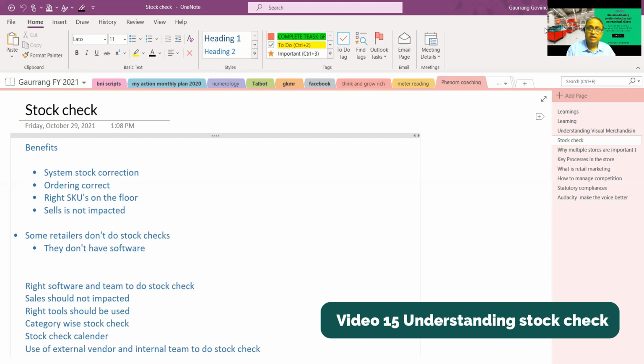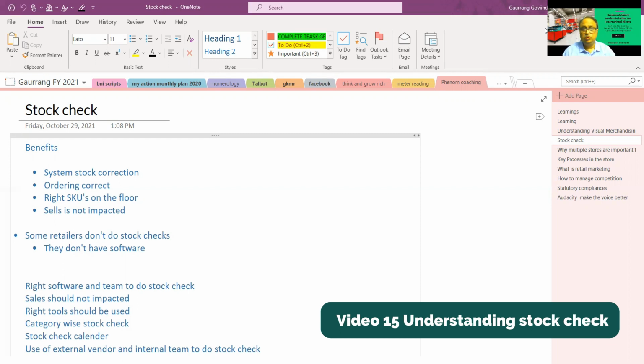Now, when you do the reordering of Maggi, you will buy correctly, which will avoid overstocking and understocking both. You will have right SKUs in the floor because when we create the master, we say that supposing in a store, if you are using 5,000 SKUs in FMCG and grocery staples basically, then you should always have 5,000 SKUs. In case you don't have 5,000, you should at least have 4,000, 4,500. Your fill rate should be at least 85% to 95% at any given point of time.